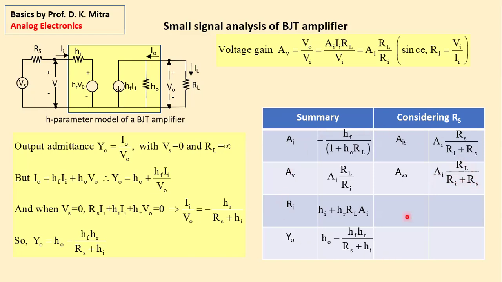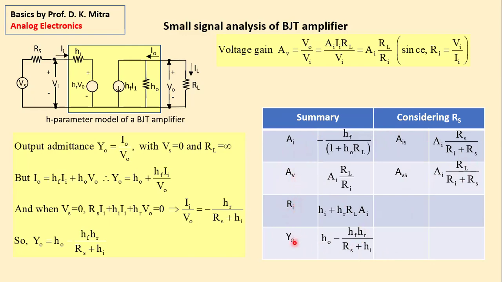So these are the theoretical values of these four performance parameters. These are called performance parameters: current gain, voltage gain, input resistance, output conductance.